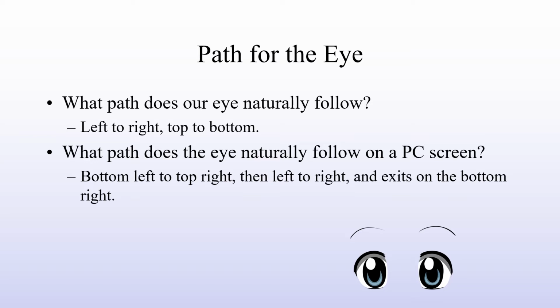What's natural for us? In this country, from left to right, from top to bottom. So when we look at a screen, whether it's on a PC or some mobile device, how do we expect to look at that screen in this country? Well, we typically go from top left to bottom right, and then left to right, and then we exit down on the bottom right.